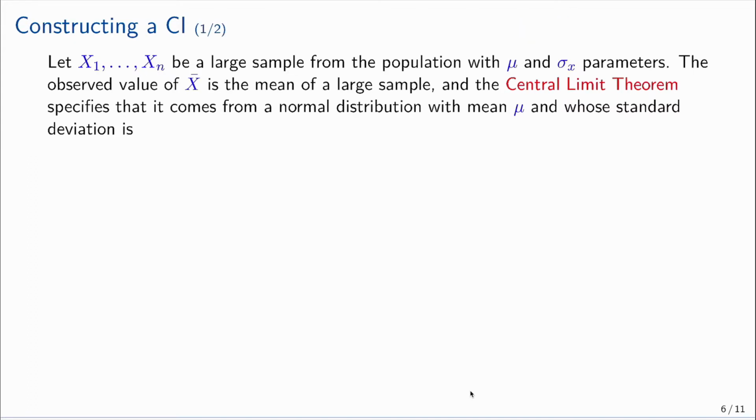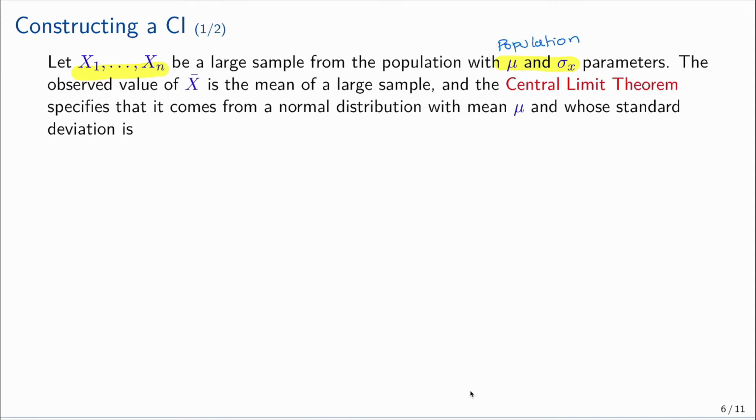How do we construct the interval given that we don't know the true value of the mean? Well, let's consider that we have a large sample, x1 to xn, and mu and sigma are the mean and standard deviation of the population.